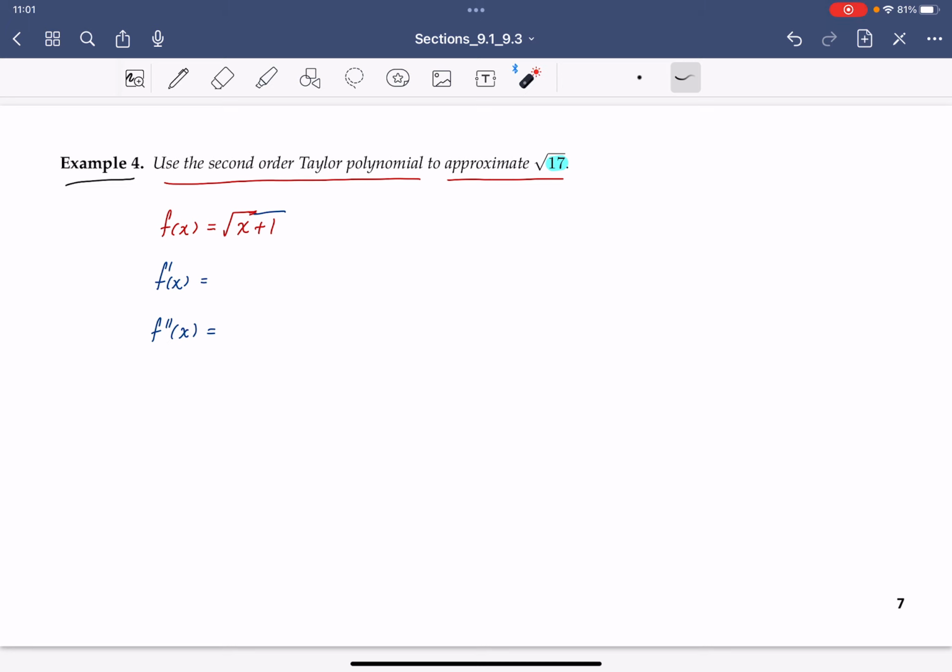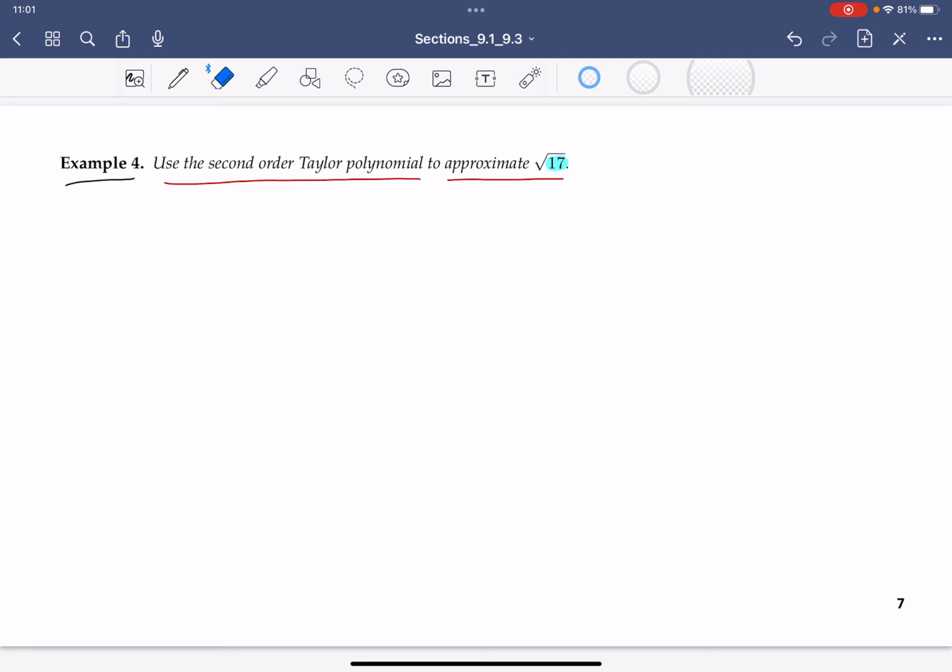Okay, what I want here is, I said that we're going to use f(x) equal to square root of x, but we're going to choose the center to be 16. So let's go back to the beginning again.